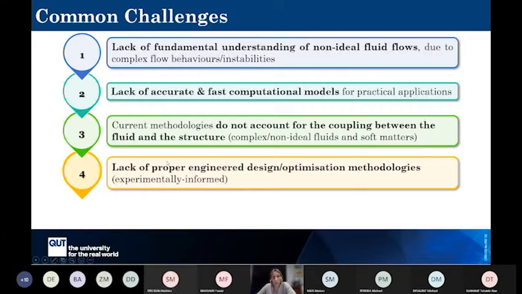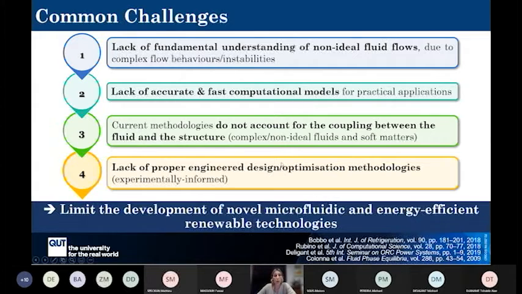And because of all those points before, we also lack some proper engineered design and optimization methodology, especially for microfluidics developments. So all those limit the developments and optimization of microfluidic systems, but not only microfluidic applications, also in the energy technologies or applications such as ORC, for example.